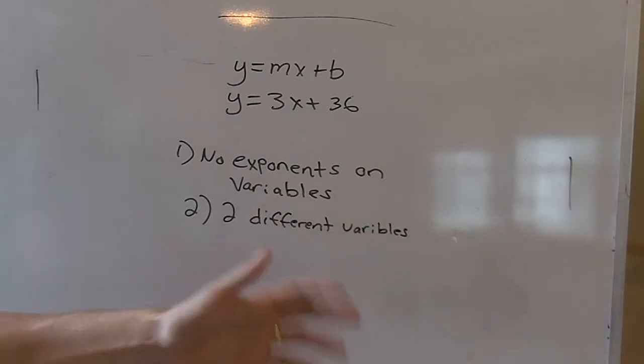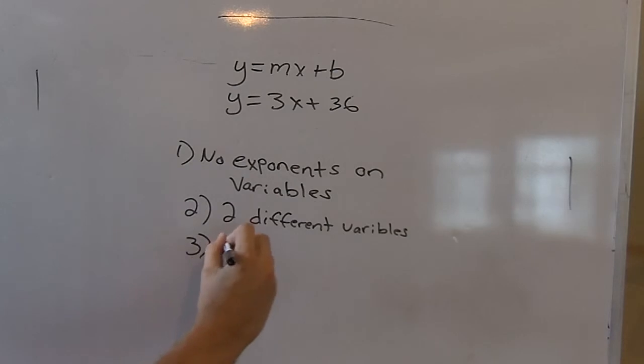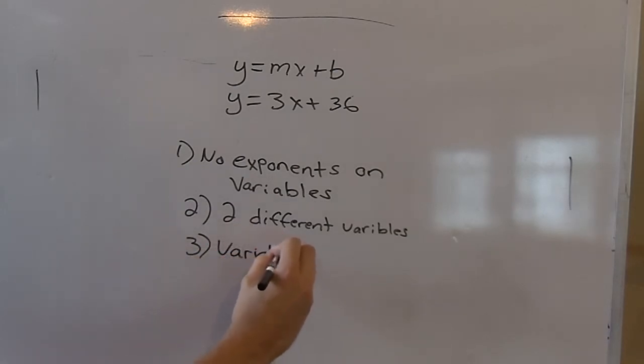So you have to have an x and a y, an a and a b, an m and an n, a p and a q. So as long as you have 2 different variables. And then the third and final thing deals with those variables. The 2 different variables need to be in separate terms.